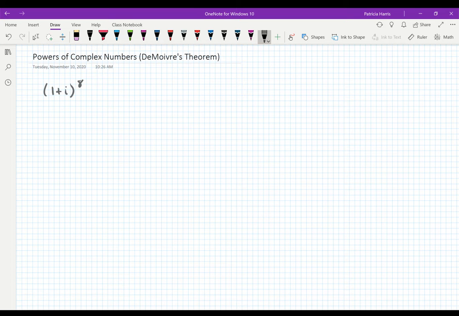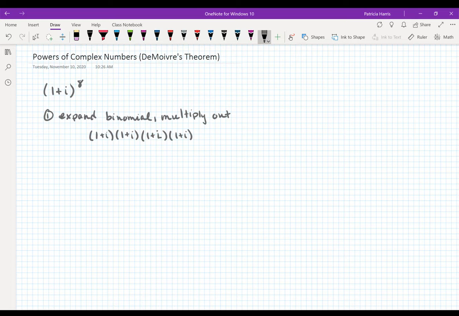Okay, I got two options. So, first option is I could expand my binomial and multiply out. So I would actually have to write out 1 plus i times 1 plus i times 1 plus i, 1 plus i.